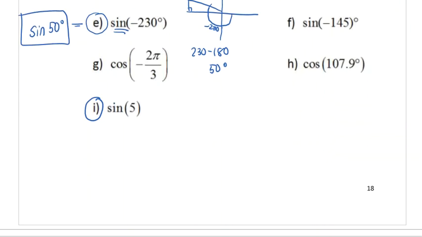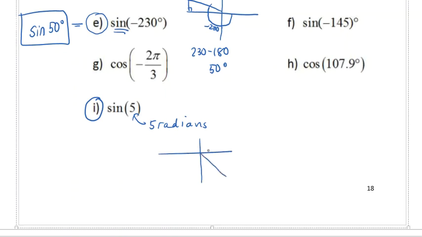Okay. Now this last one that I wanted to do, sine of 5. Notice there's no degree sign. This is really saying 5 radians, and not 5 pi, just 5 radians. 5 radians is over here-ish. Okay. And so what we want is this little sliver right here.